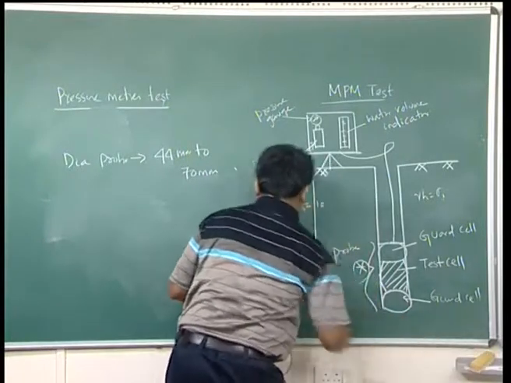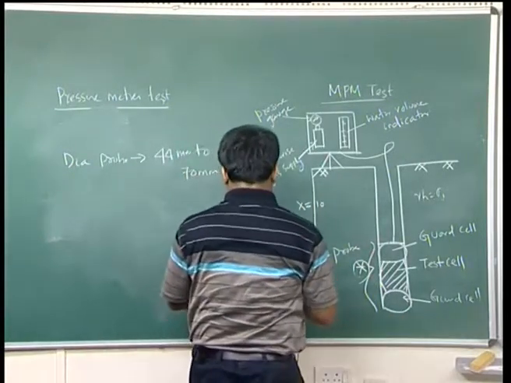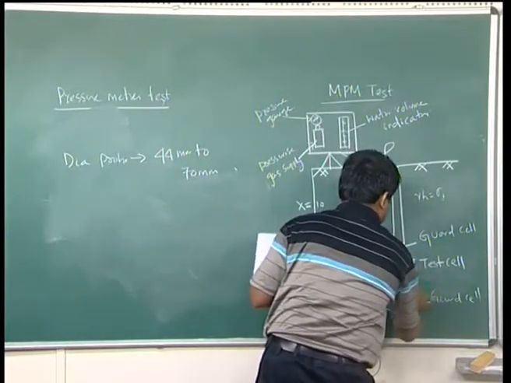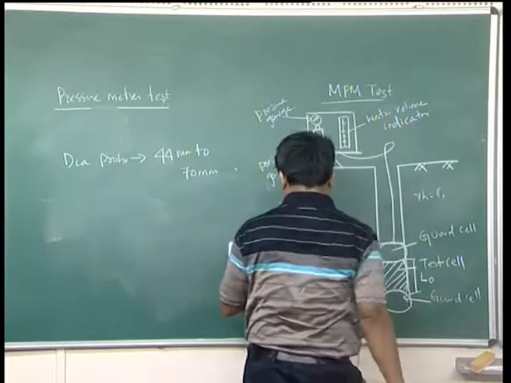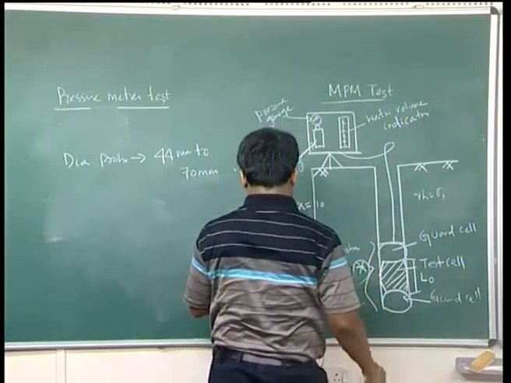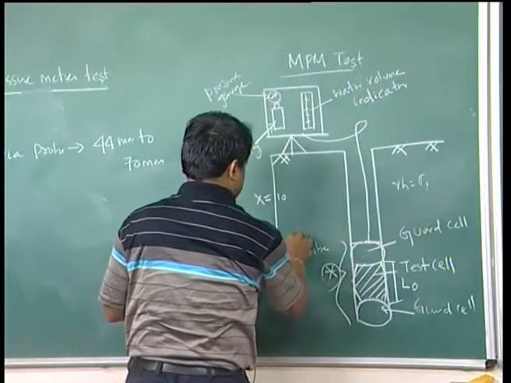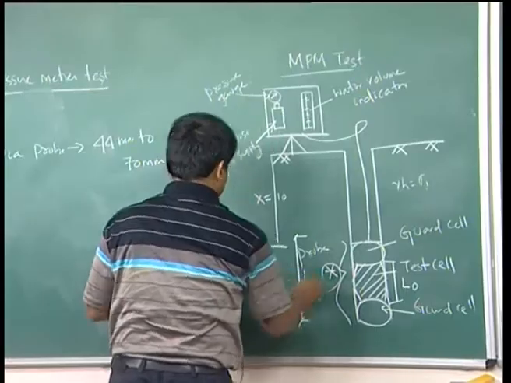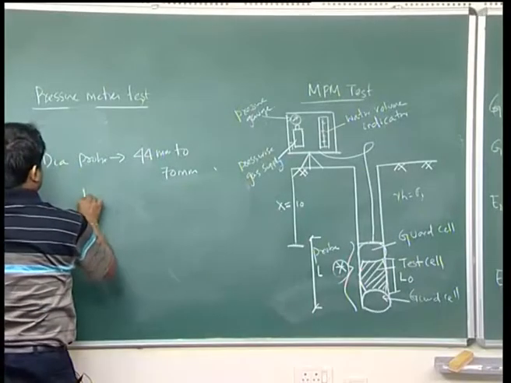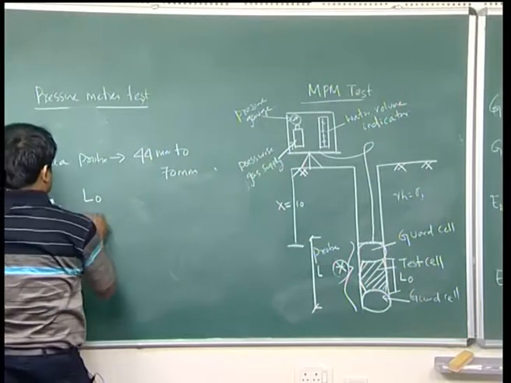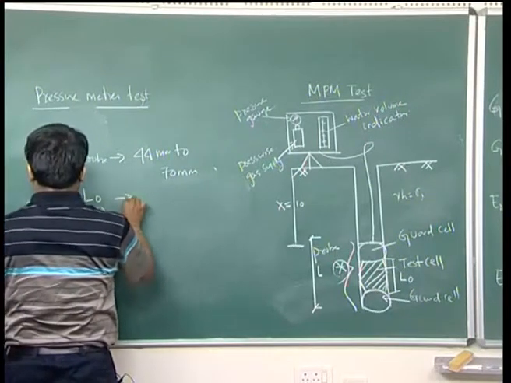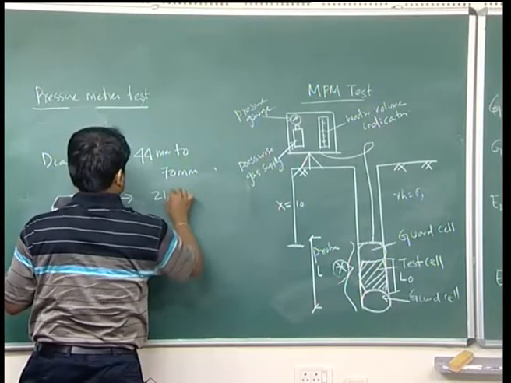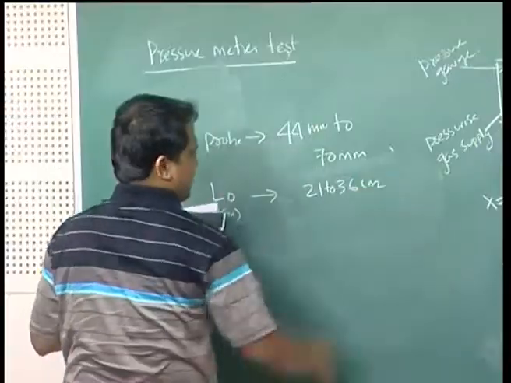Then if I say this is L and L0, where the test cell length is L0 and the total probe length is L. So, L0 in centimeters generally varies from 21 to 36 centimeters.